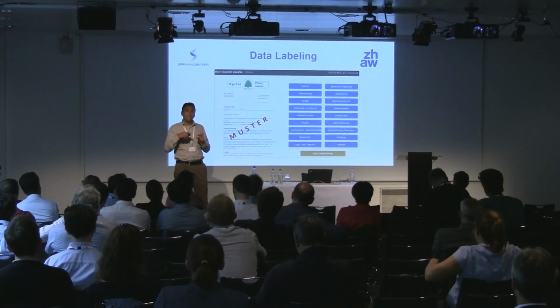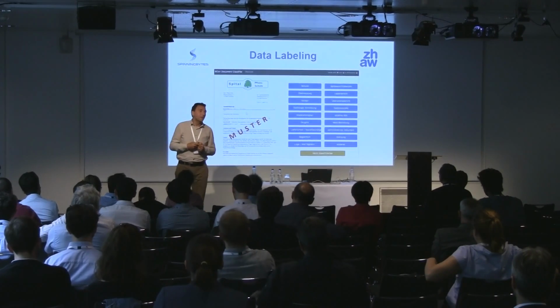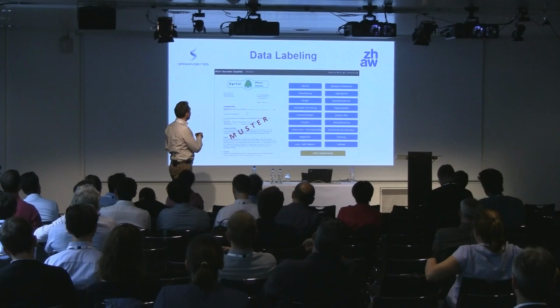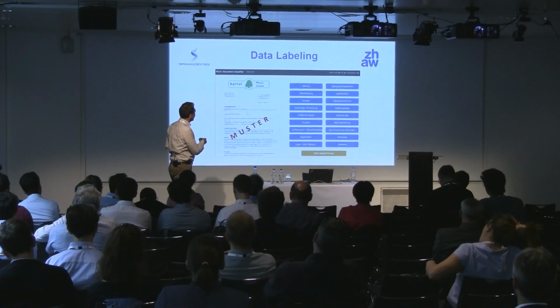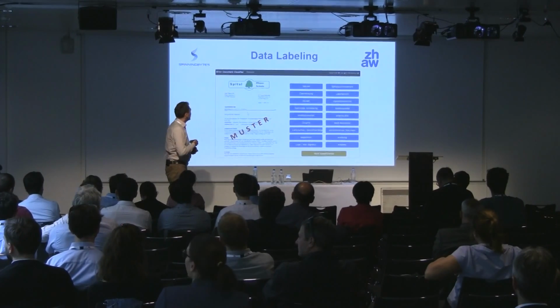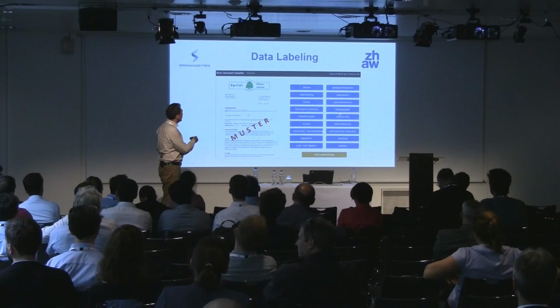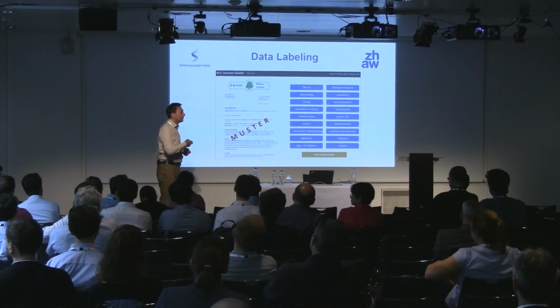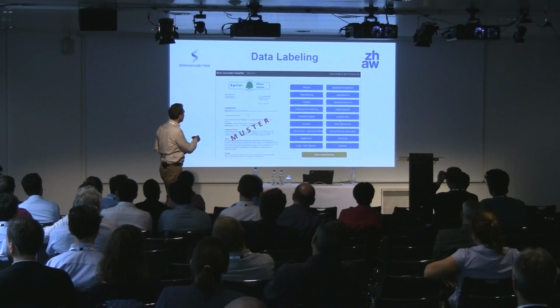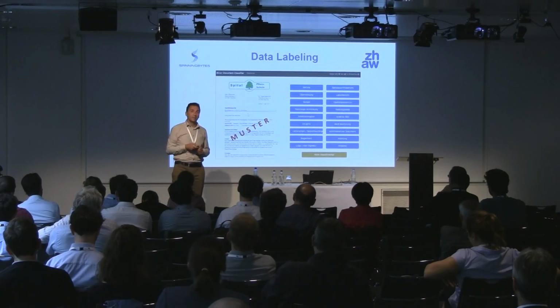So the first step is that you need to have the labeled data for each document. So we say, okay, there are about 20 different types of documents that might come in, and the tool just displays the document, and the user has to click one of these buttons to say what it is. And this is a prescription or a radiology bill, image or whatever.